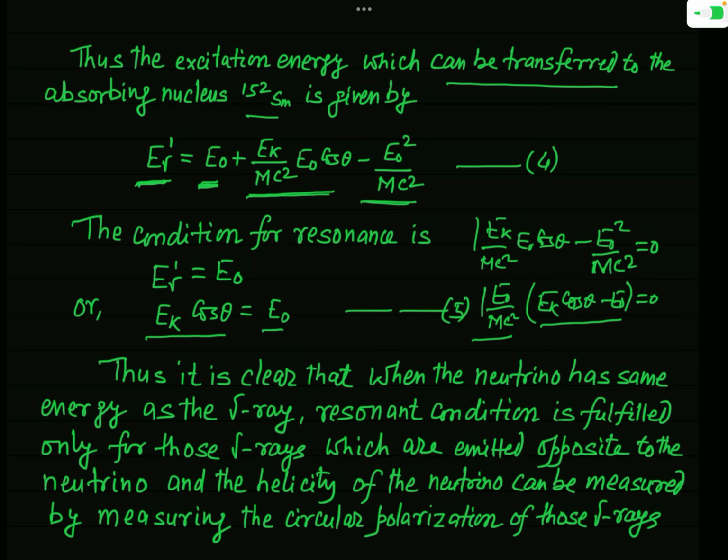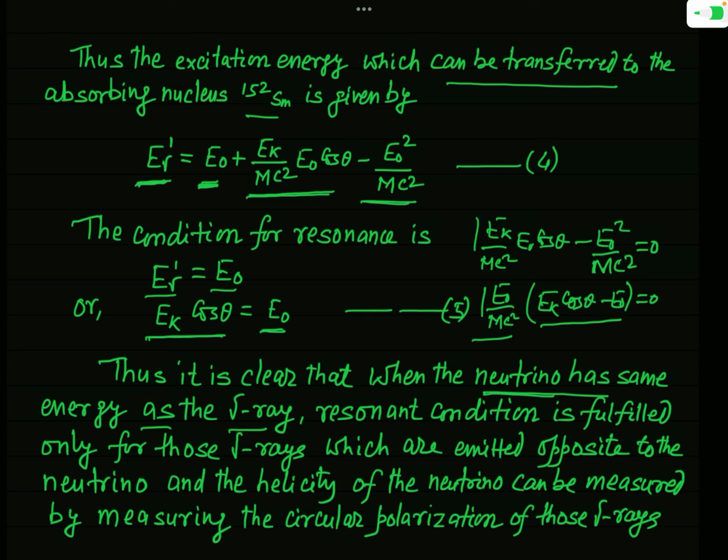Now you can see that the neutrino has the same energy as the gamma ray. In fact, if the energy of the neutrino and that of the gamma ray, meaning E gamma prime and E naught, are equal, here you can see Ek cos theta equals E naught. If theta is 0, then Ek will simply be equal to E naught.